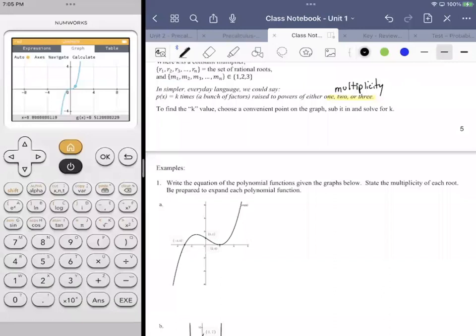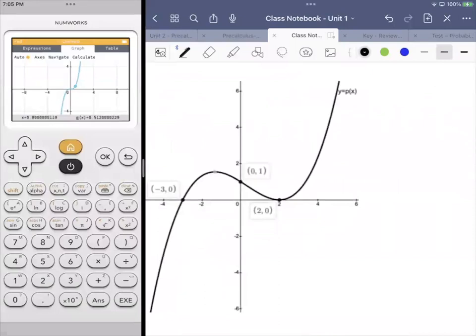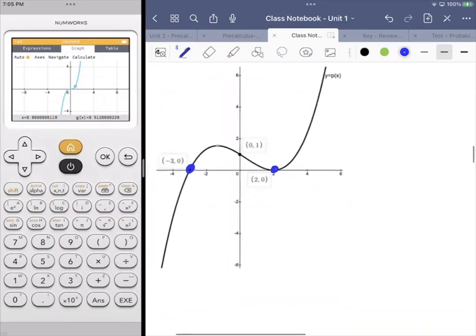So what I'm going to do is pull the roots from the picture. I have a root here and here. And again, vocabulary, terminology, really important.